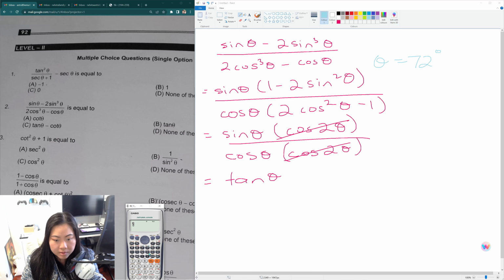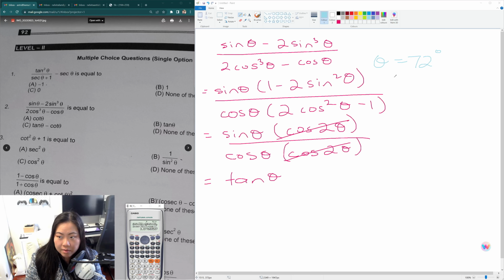We have sine 72 minus 2 times sine 72 degrees cubed all over 2 cos 72 degrees cubed minus cos 72 degrees.